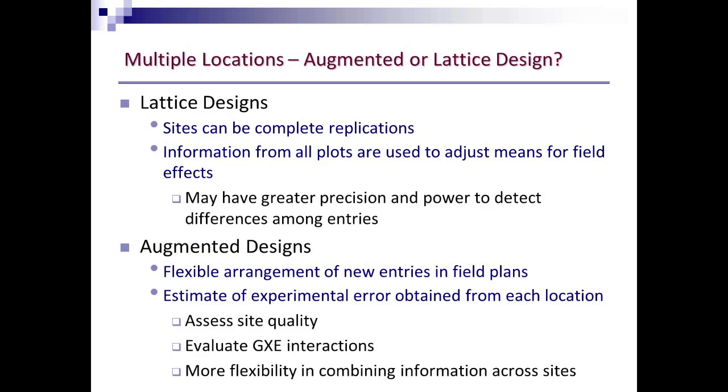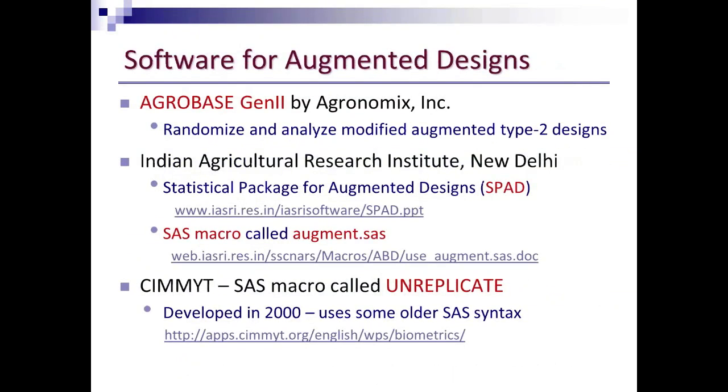You could also then obtain an estimate of experimental error from each location. So you could use this to assess your site quality, to do analysis of G by E interactions, and then at the end of the day you have more flexibility in deciding how you want to do your cross-site analyses, which sites you want to combine together.